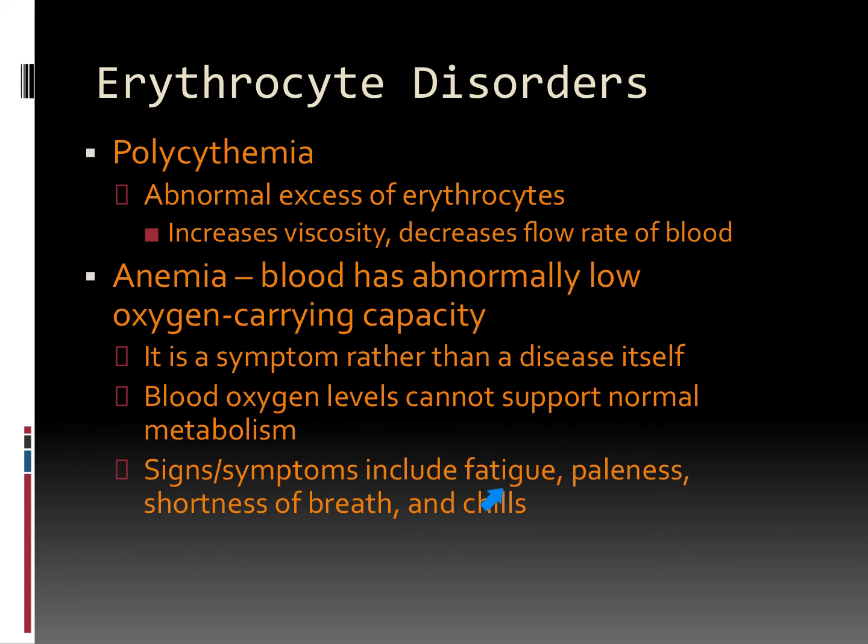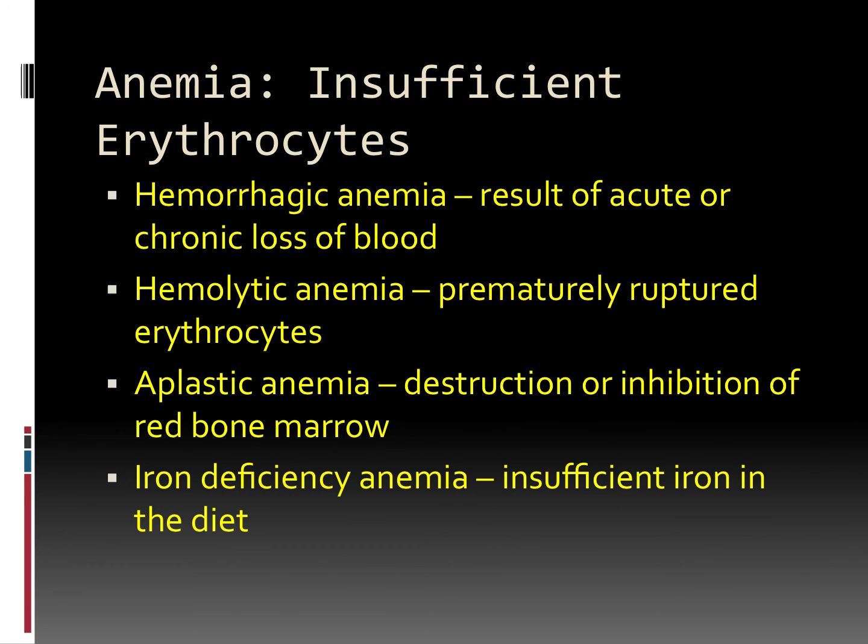So this can include fatigue, paleness, because you have fewer red blood cells, potentially, shortness of breath, chills, etc. There are different causes of anemia, but they all sort of stem from insufficient red blood cells, not enough functional red blood cells.